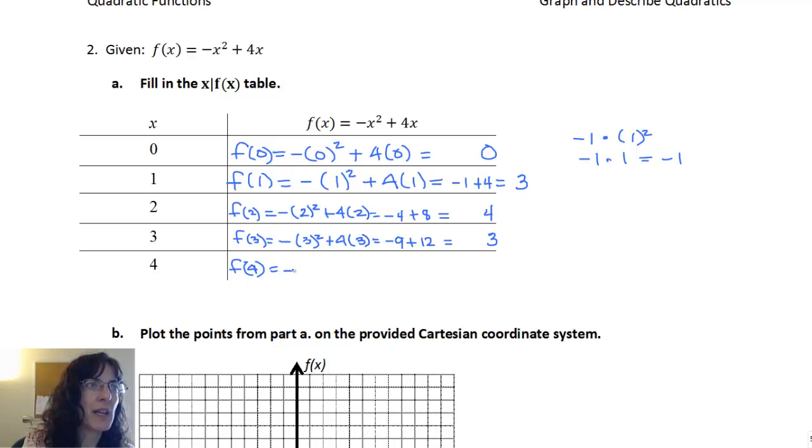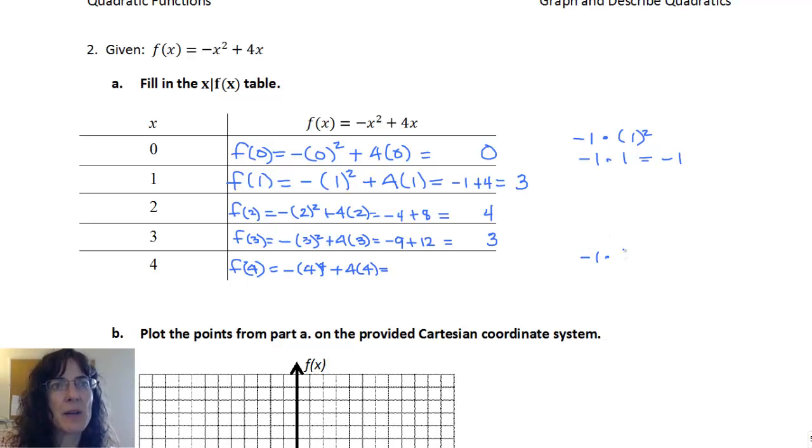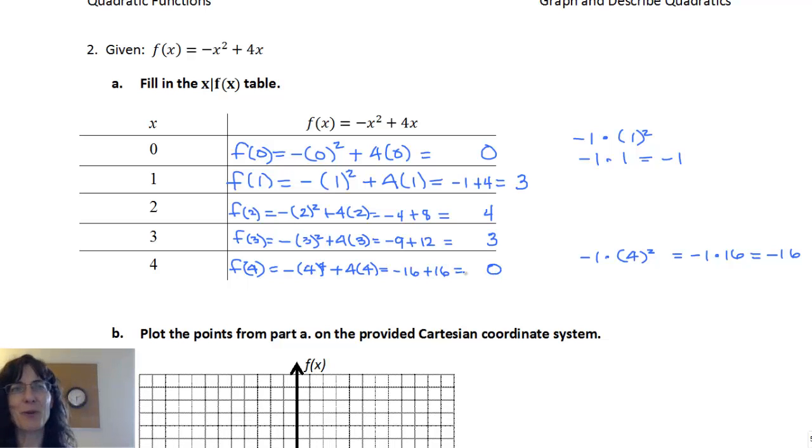So I'll have negative quantity 4 squared plus 4 times 4. So again, negative 1 times 4 squared is going to be negative 1 times 16, which is negative 16. So I have negative 16 plus 16, and that's going to give me 0.